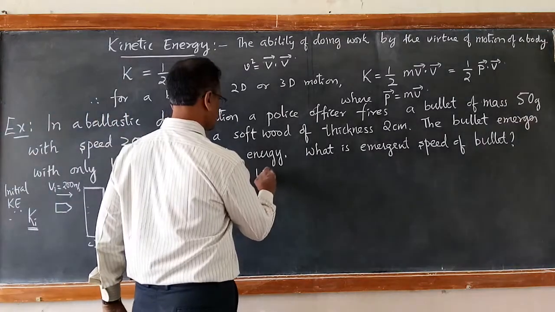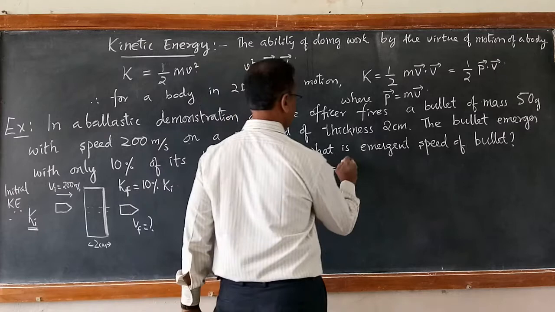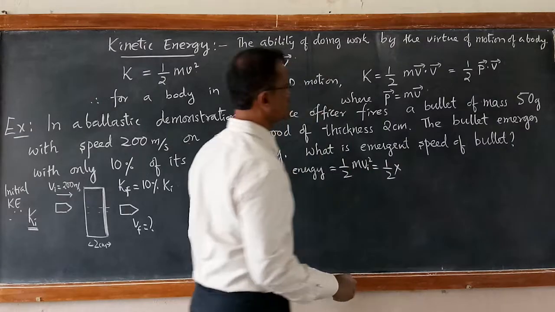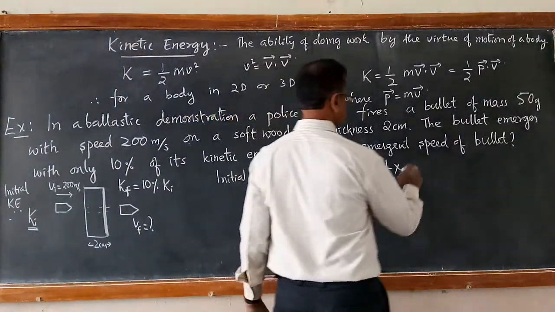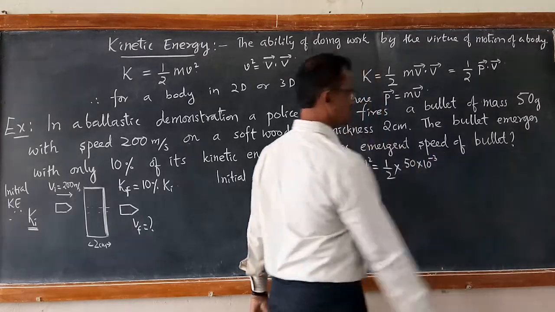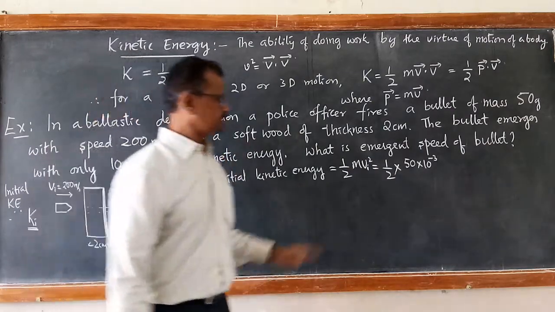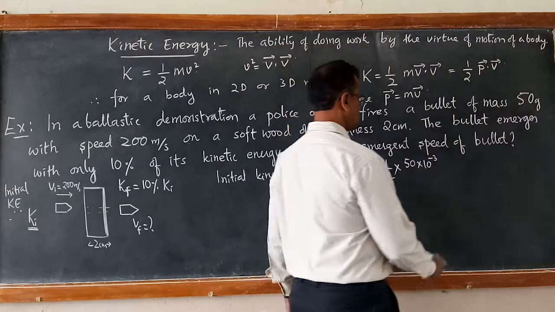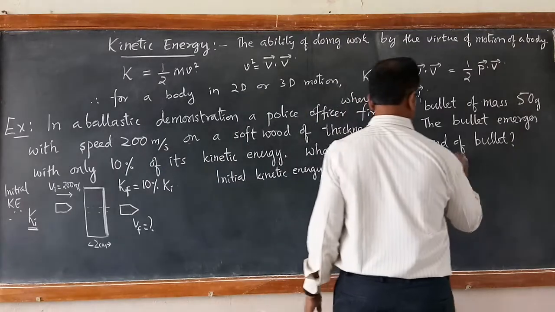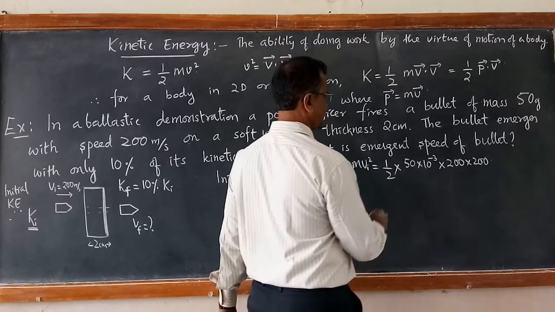Initial kinetic energy is half m vi square, half into mass 50 gram. 1 gram is equal to 10 raised to minus 3 kg, so you have to convert it: 50 into 10 raised to minus 3 kg, into velocity 200 into 200.